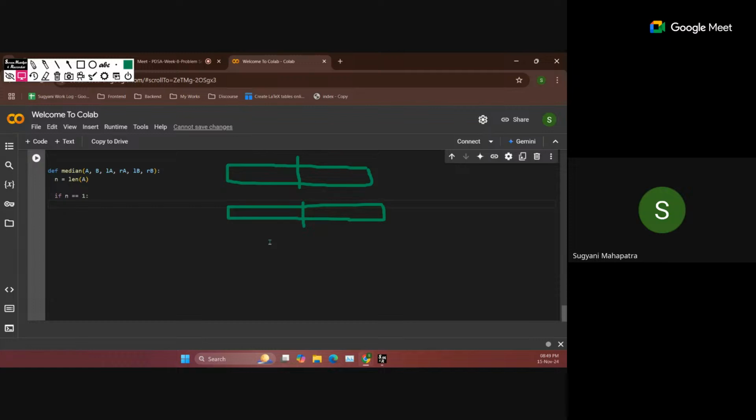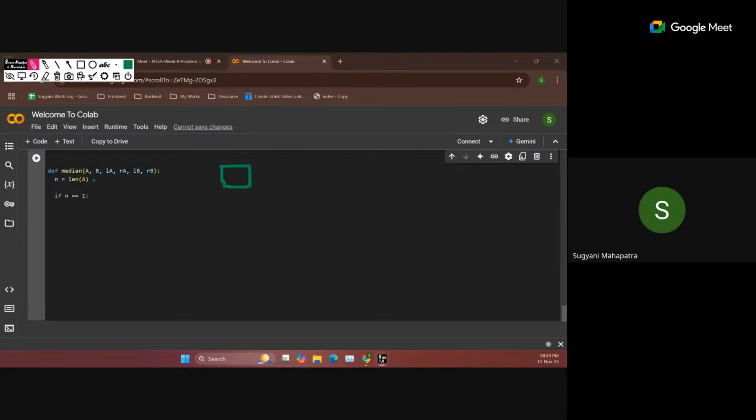N is the length of one array. So the length of one of the arrays is 1. Because both the arrays are having the same length, the length of B is also equal to 1. Let's see this case. N is equal to 1, which means what is n? N is the length of both the arrays. Both the arrays are having the same length, right?